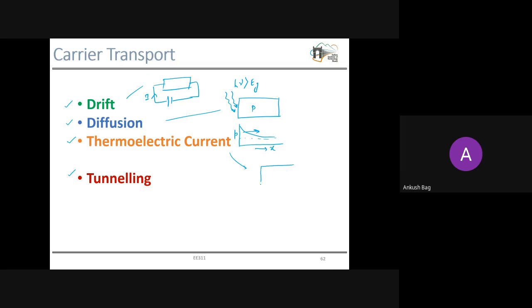So let's say we have one semiconductor, with one side hot and another side cold.